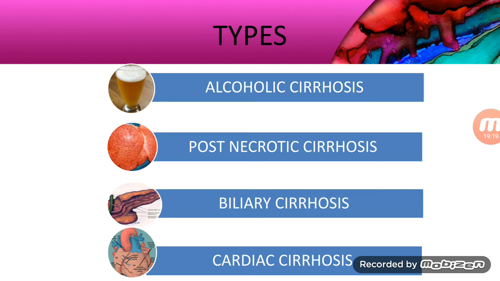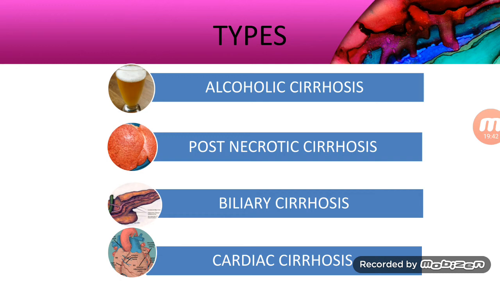It is one of the most common types among all the types of liver cirrhosis. It is mostly associated with chronic alcohol use and also hepatitis C infection, and it accounts for 60 to 70% of all liver cirrhosis.